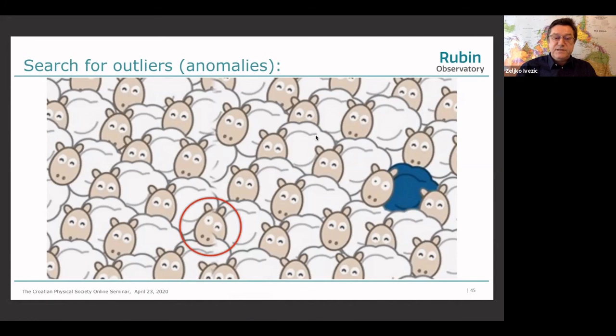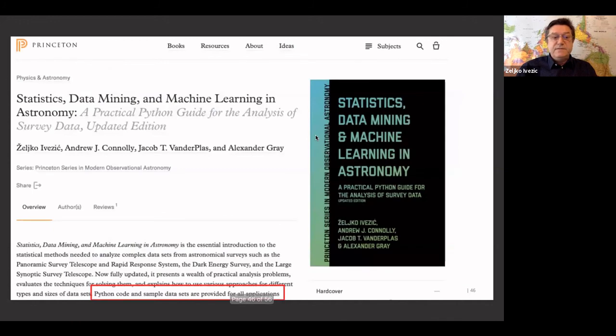You see this red circle? That's the anomalous sheep. The only difference between that one and the other sheep is that its right eye is open. So it's a very tiny thing. At the beginning, you often don't know what you're looking for. And then you can have confusing populations like the sheep that likes blue sweaters. This is just an illustration, but we face similar things.